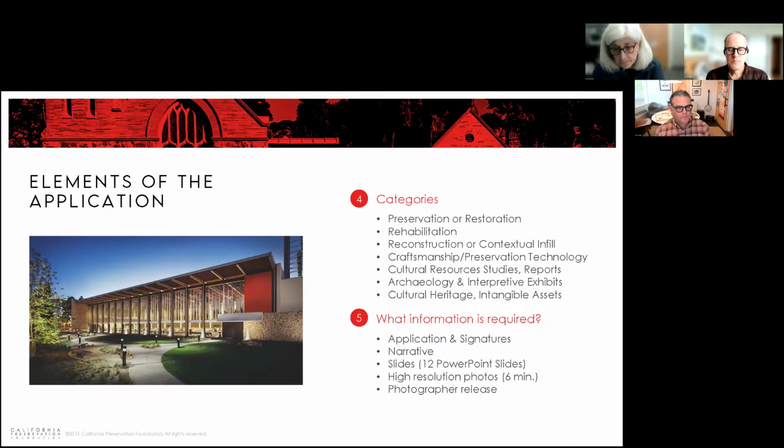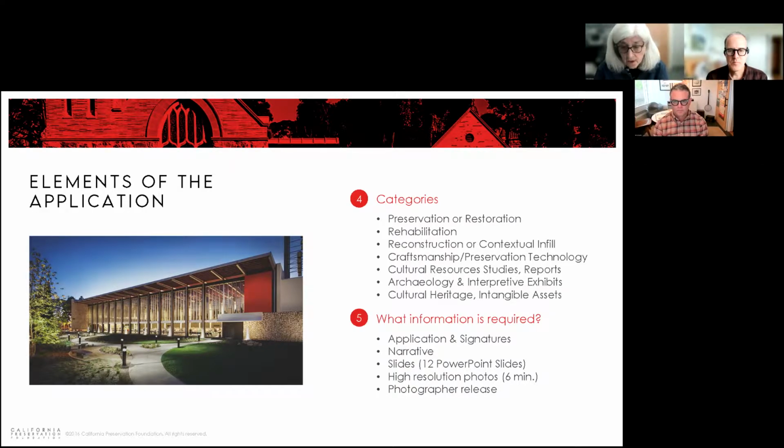The categories. Now, we've made some changes to the categories for awards. We've consolidated and we've added some. So the first category is preservation or restoration. In that category, you can enter either project, but you select that category. Then rehabilitation, reconstruction, or contextual infill; craftsmanship; preservation technology; cultural resources; studies and reports; exhibits.